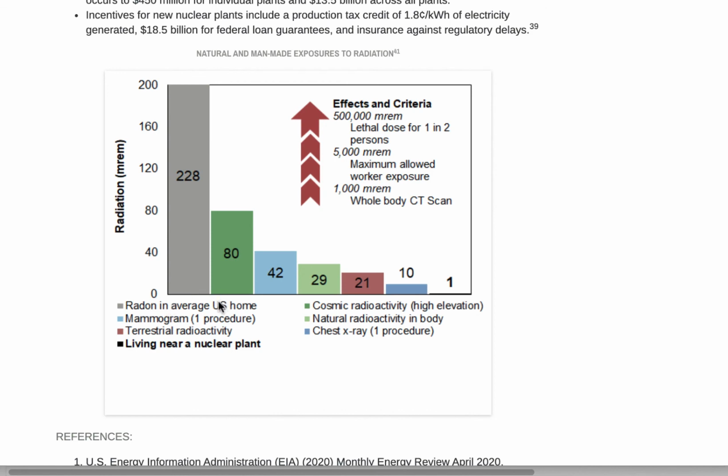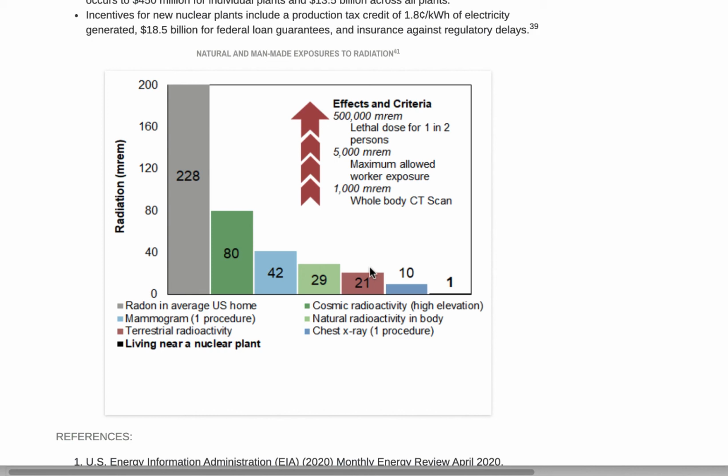So then our next one down is cosmic radioactivity. That's this one. This is if you live up high like in Denver. The next one is your standard chest x-ray mammogram. And then the next smaller one is just natural radioactivity in the body, because we have a certain amount of radioactive isotopes that have absorbed into our body from all kinds of sources, from foods that we've eaten, from air that we've breathed, from different little dust particles that we've absorbed.